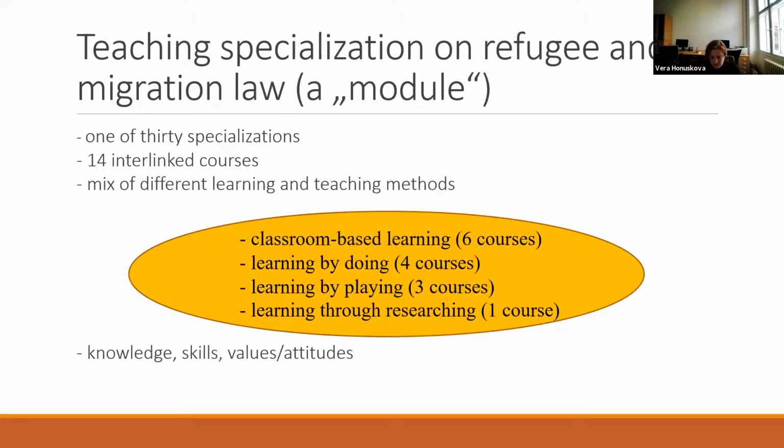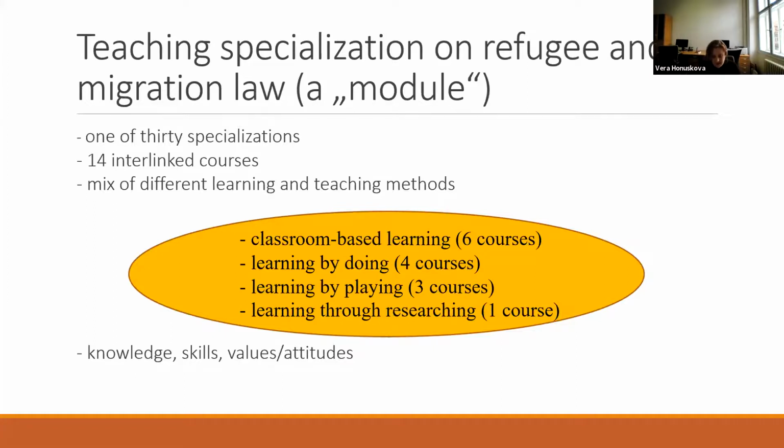So what I'm going to talk about is the teaching specialization in refugee and migration law. This specialization is formed by 14 interlinked courses, which form a teaching specialization together. And it's only one of many teaching specializations here at our faculty.